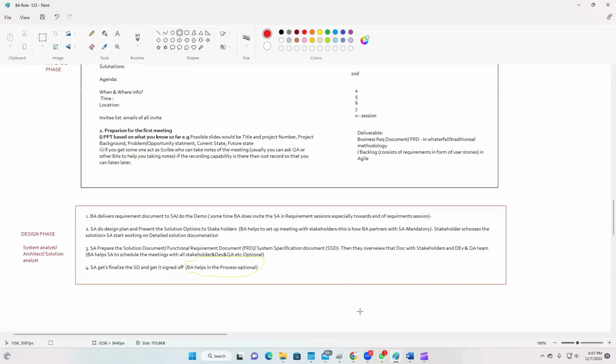So basically the BA is in the first, second, third, and fourth parts, helping with requirements, making sure they have the right requirements, organizing meetings, inviting the SA to meetings with stakeholders, and helping to schedule other meetings with stakeholders, and they help in the whole process of the design phase. Basically that's what I understood.